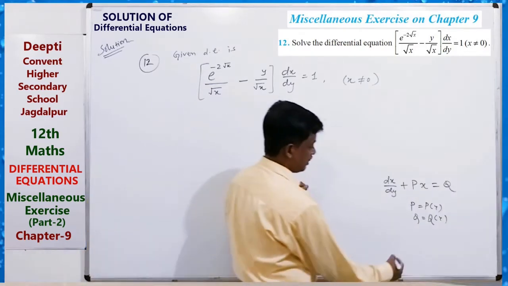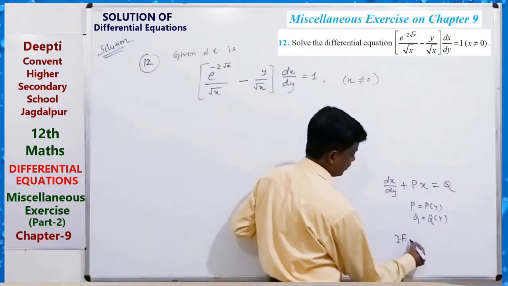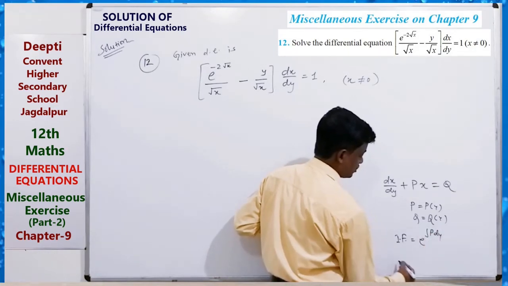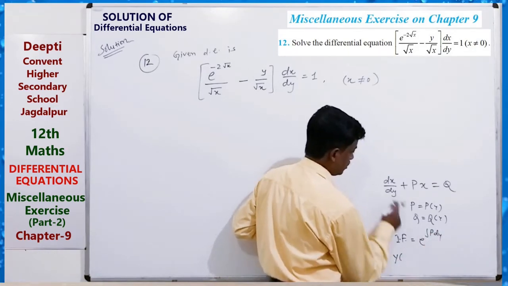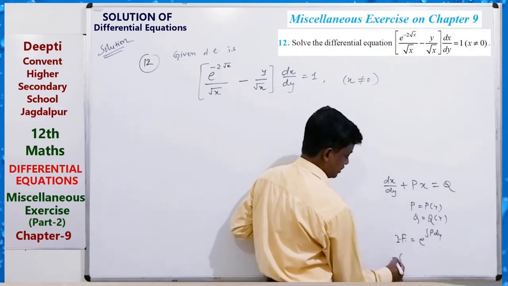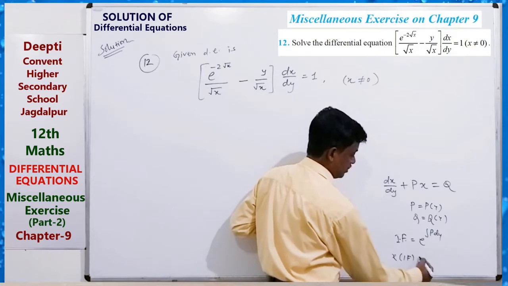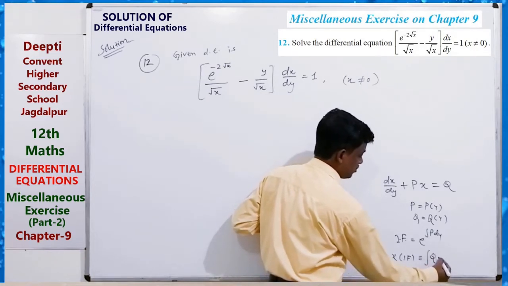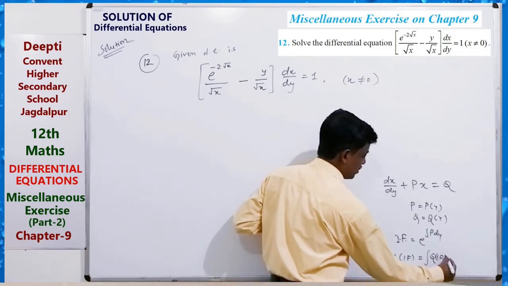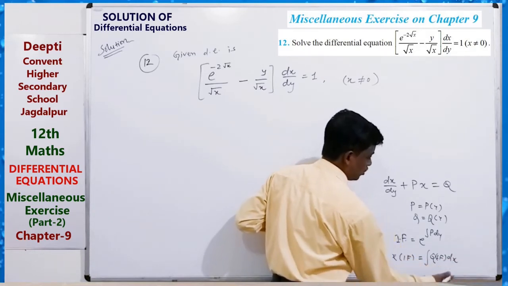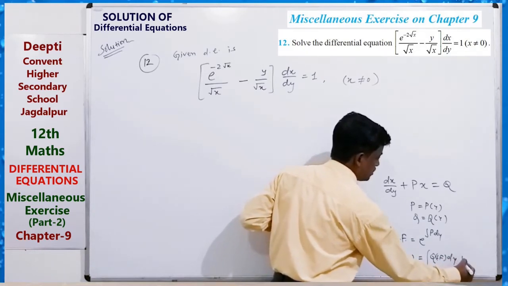And the IF will be e to the power integration of p dy. The solution is x into IF equals integration of q into IF dy plus c.